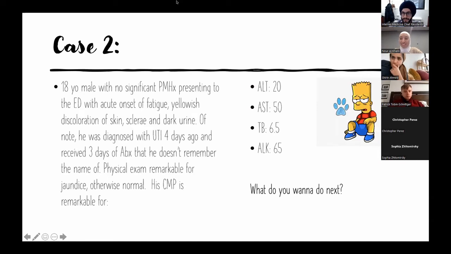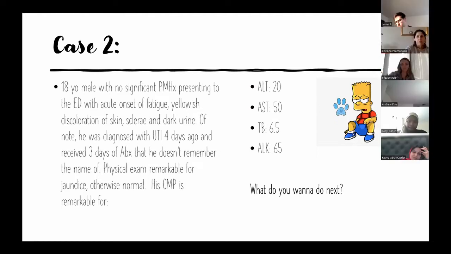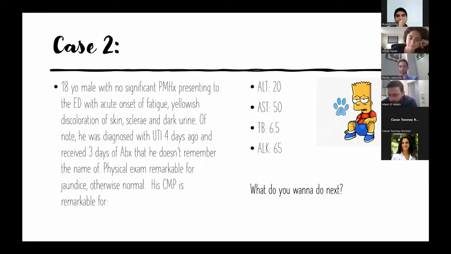Shireen, do you want to do it? Sure, Nour. Case 2: an 18-year-old male with no significant past medical history presents to the ED with acute onset fatigue, some yellowish discoloration of his skin and sclerae, and some dark urine. Of note, he was diagnosed with a UTI 4 days ago and received 3 days of antibiotics that he doesn't remember the name of.